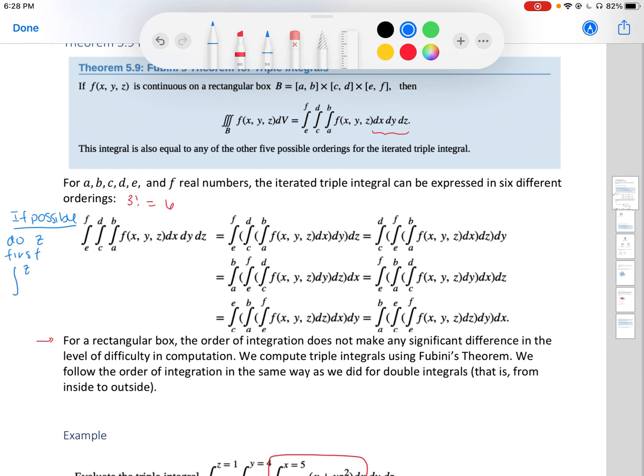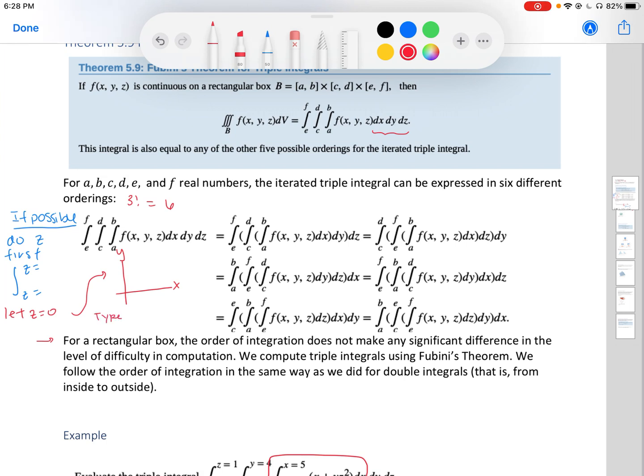And find your integral in terms of z for your upper and your lower. And then once you're done with z, you can let z be 0 and continue to work on the xy plane since you set z equal to 0. And that way you continue as usual.